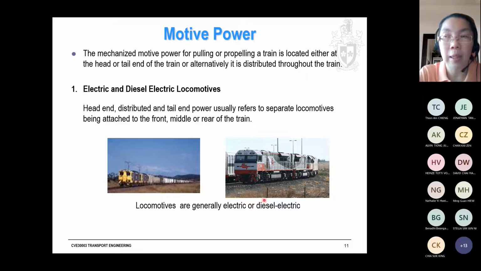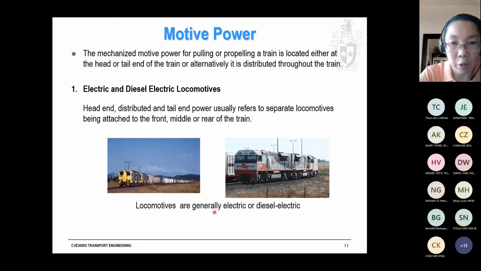Right, so a train may have just a single unit of this, or sometimes you may have two or three of the same unit, depending on the power required to move the train across that kind of terrain, and the amount of materials that they are bringing. Okay.